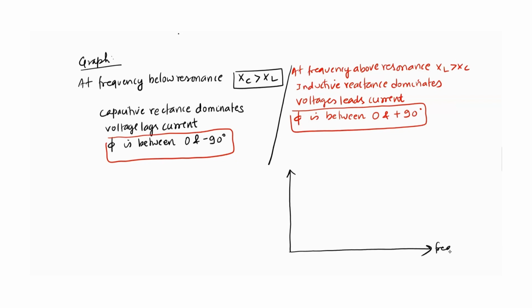So this is frequency, and we have impedance Z in the vertical direction. So we find the graph to be of such nature. Now at resonance, impedance is minimum and the minimum value of impedance is R. So we find Z is minimum.